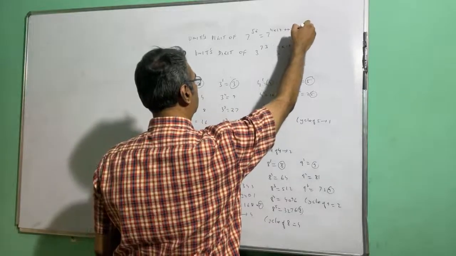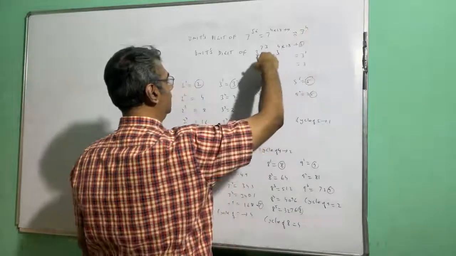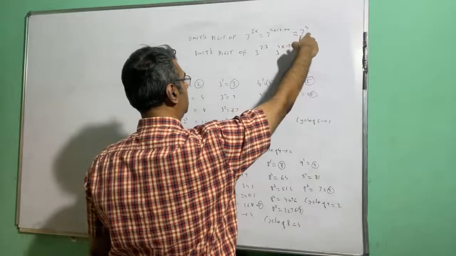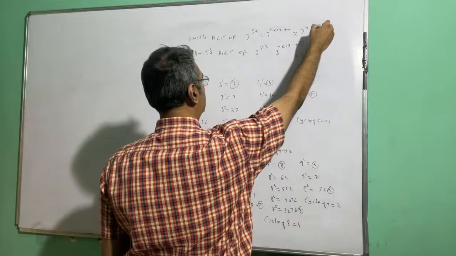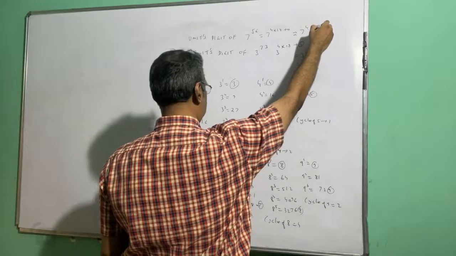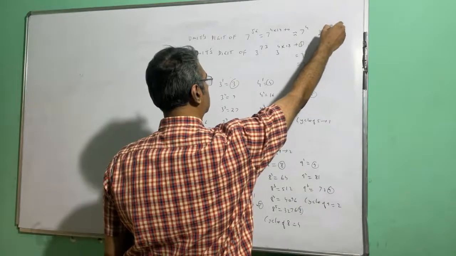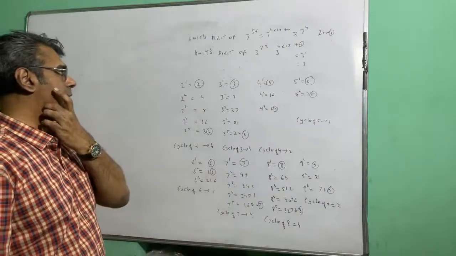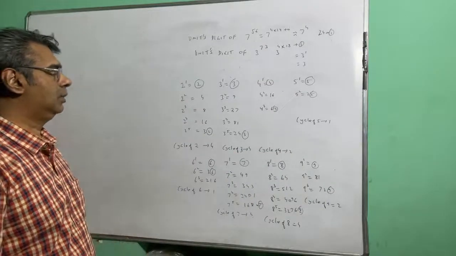Then you will have to take the power as the cycle. That means you have to take 7 to the power 4, and 7 to the power 4, you know, is 2401, so it will end with 1.